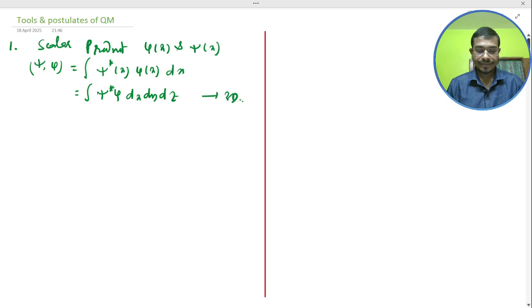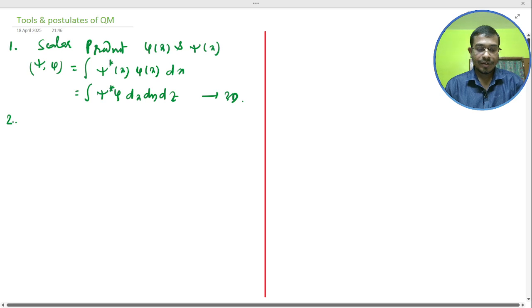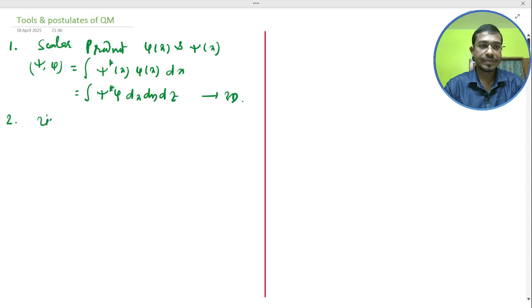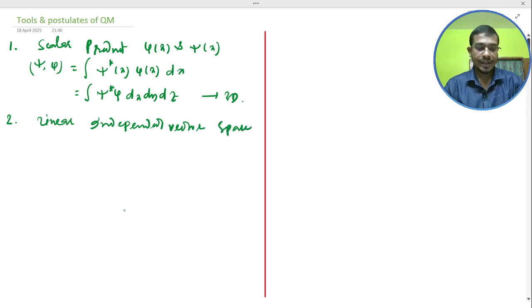Next, linear independent vector space. Suppose the summation over i from 1 to n of a_i phi_i equals 0.